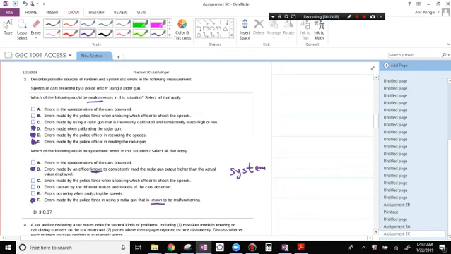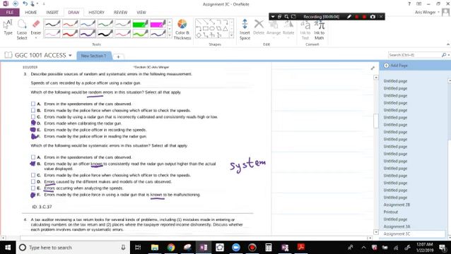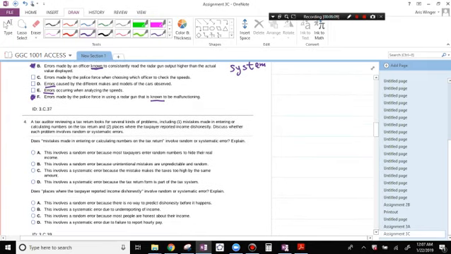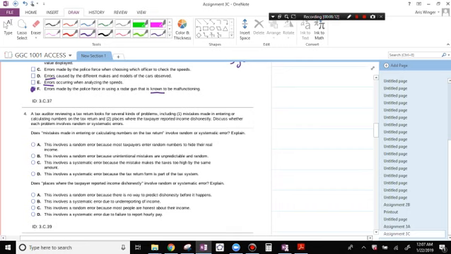So yeah, these here, errors occurring when analyzing the speeds, might be a random error, right? But systematic errors are when you know something about the system that you can correct. And the word known here is telling you that you know something about the system that's fixable. B and F.